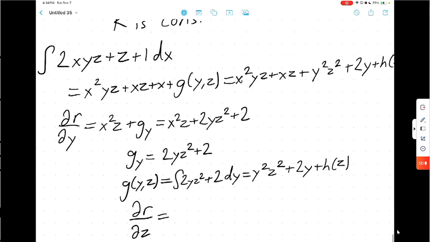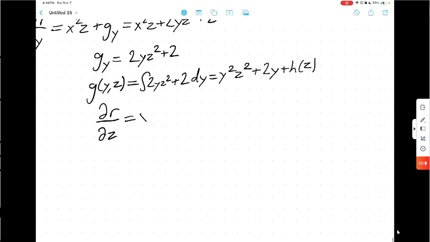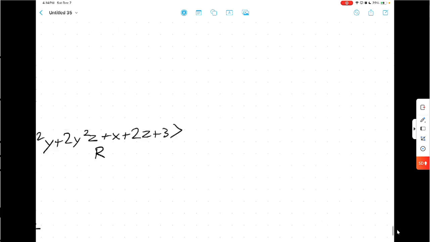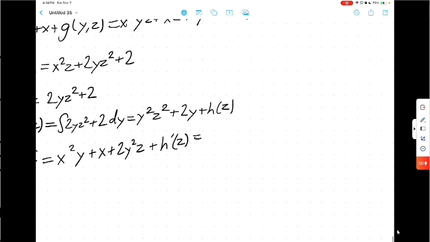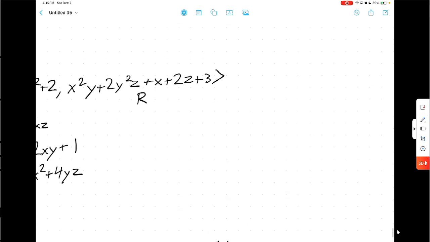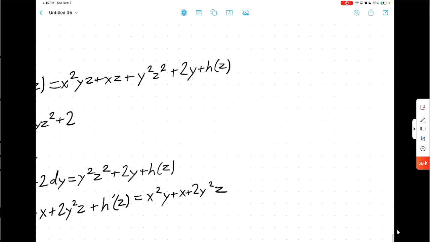And now I take a partial of this whole thing with respect to z. We get x squared y plus x plus 2y squared z plus h prime of z, which is equal to x squared y plus x plus 2y squared z plus 2z plus 3.